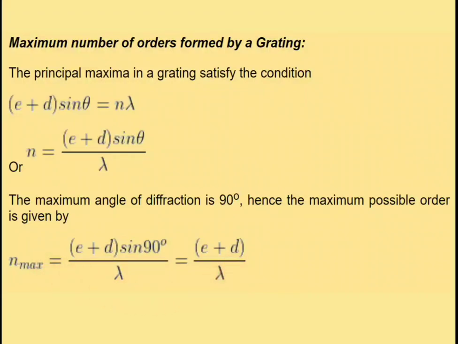With this we can find the number of orders possible for any grating, by knowing the value of (e+d), the grating element, and the wavelength lambda of the monochromatic light. Substituting in this formula, we get the maximum number of orders possible.